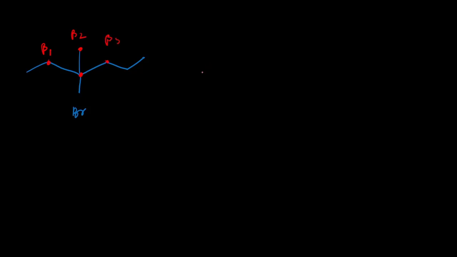If you remove hydrogen from beta 1, we can have this kind of product: CH3, CH double bond, C methyl, again CH2, CH2, CH3.